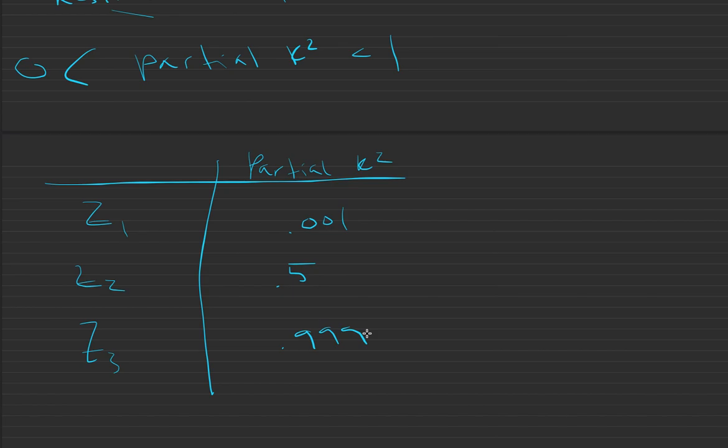The first instrument, Z1, explains very little of the residual variation in the endogenous explanatory variable once the variation in the other exogenous variables is partialed out. As such, Z1 would likely cause the first stage to suffer from a weak instrument problem. The third instrument, Z3, explains nearly all of the residual variation and would not likely suffer from a weak instrument problem, but raises concerns of exogeneity.